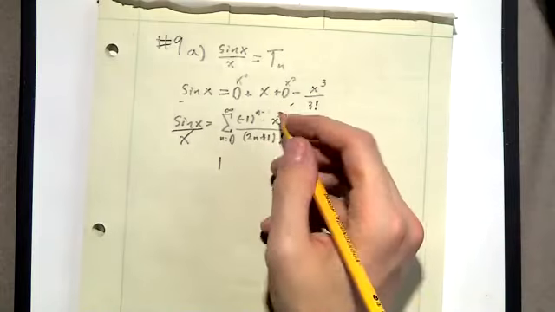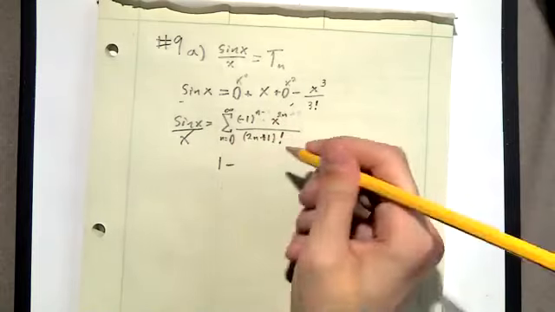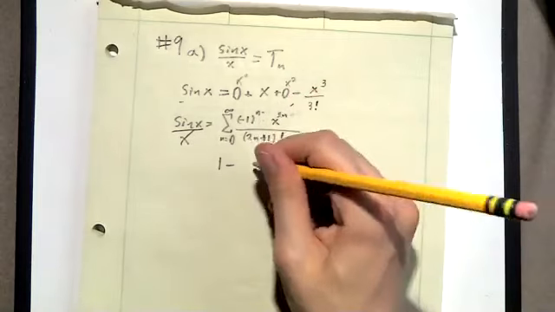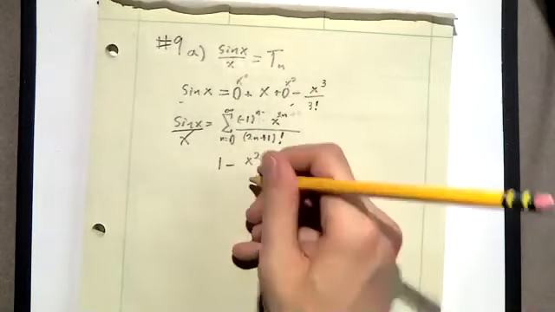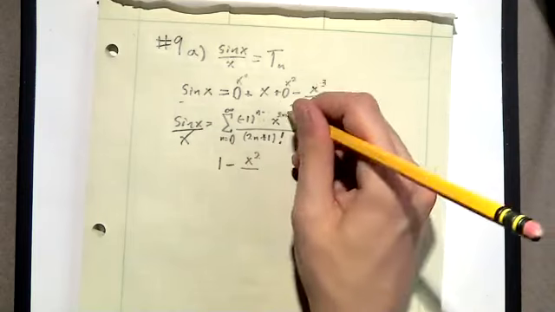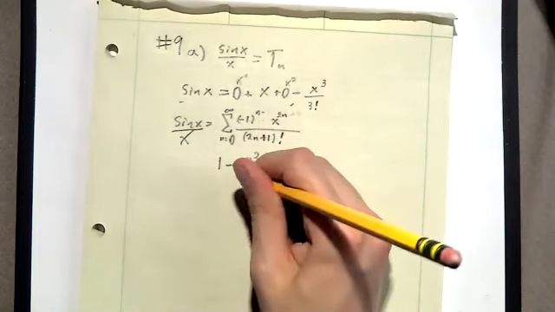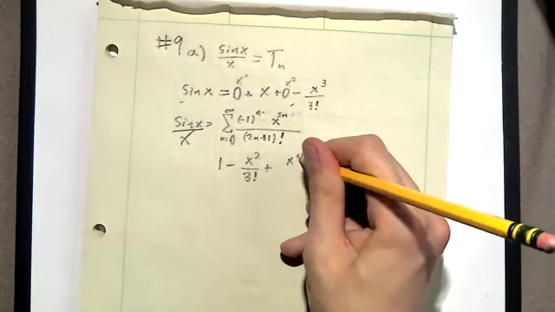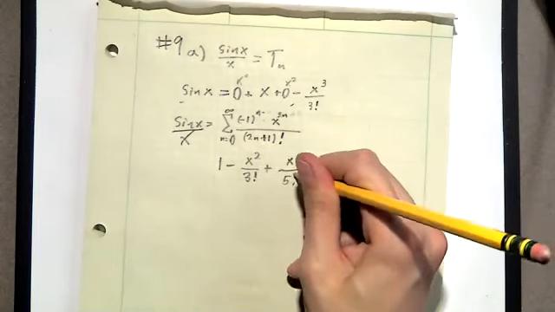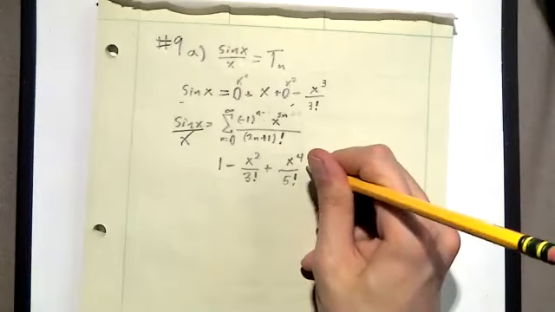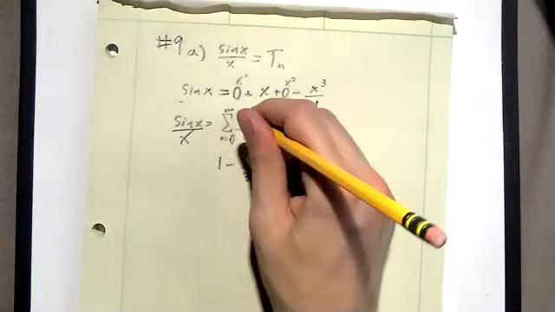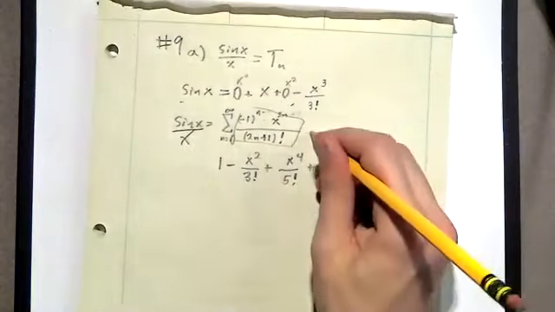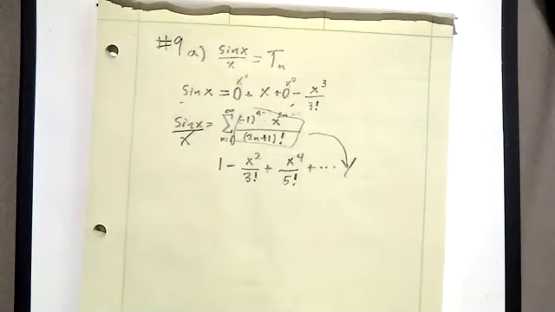And then next you subtract x squared over 3 factorial, plus x to the 4th over 5 factorial, and then plus dot dot dot, this term right here to represent the nth term. Oh, y2. Yeah, you got it. Okay.